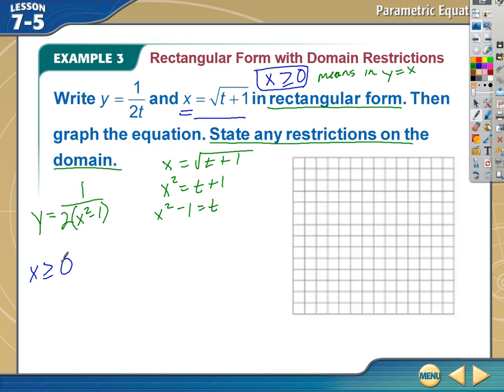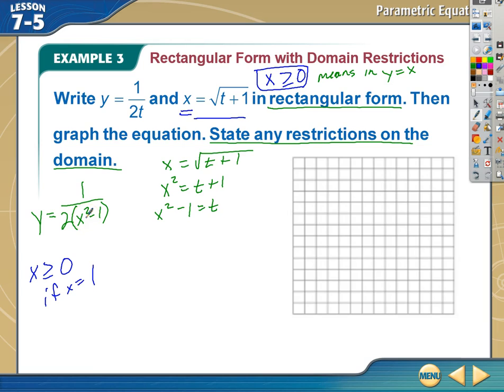After I study what the restrictions on x are in the parametric equation, I have to take a look at whether all the values that were good in my parametric equation are still good in my new rectangular form. Hey, in this domain, if x equals 1, what happens when I plug in?